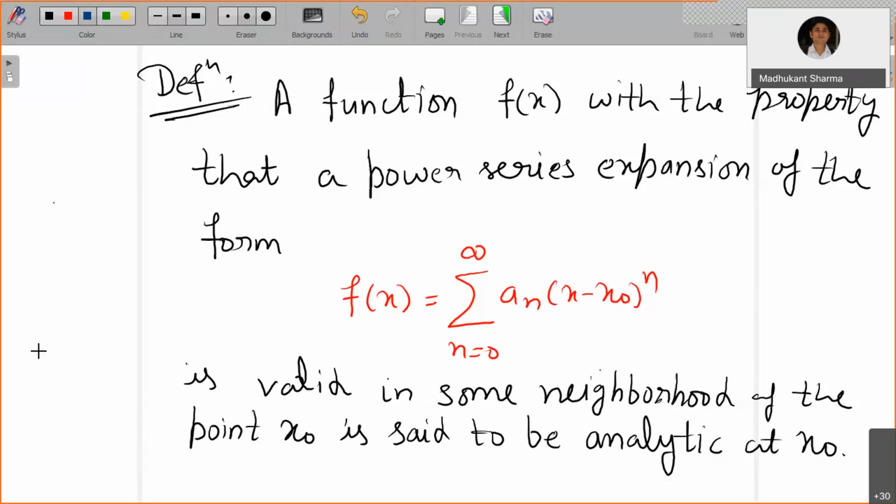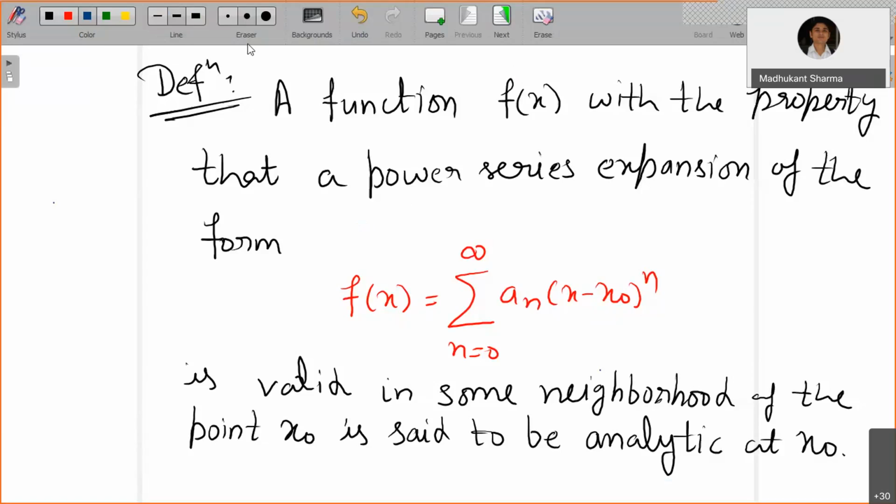If a function is differentiable at a point, say x0, and it is also differentiable in some neighborhood of it, then we say the function is analytic. So it is more than differentiability in some sense. Okay, right. So here is the definition.